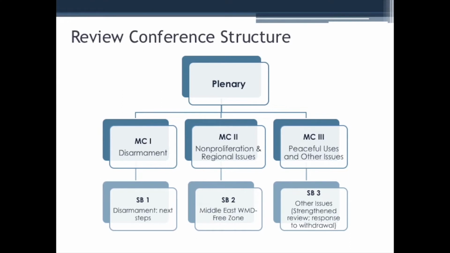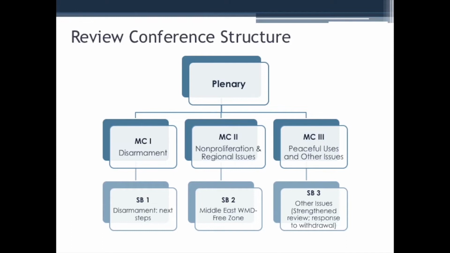And since the 2000 review conference, it's also been a custom to establish subsidiary bodies under each of the main committees to deal with a particular specific issue. For example, under Main Committee 1, subsidiary body 1 usually focuses on forward-looking action on disarmament.